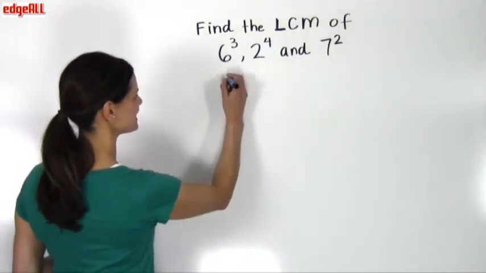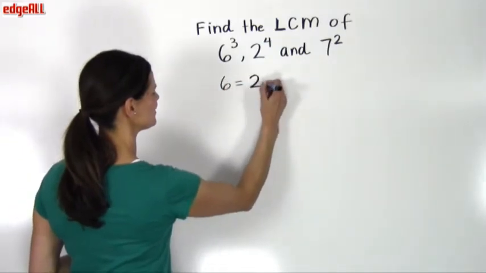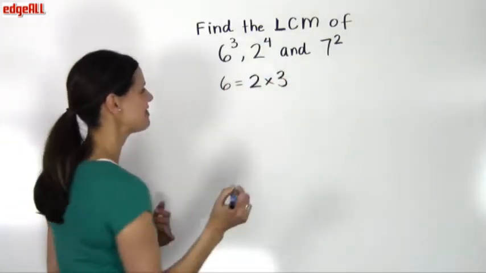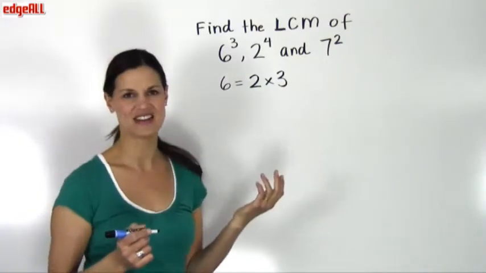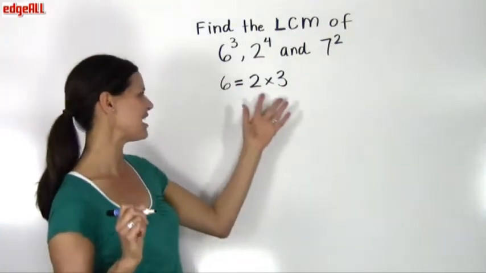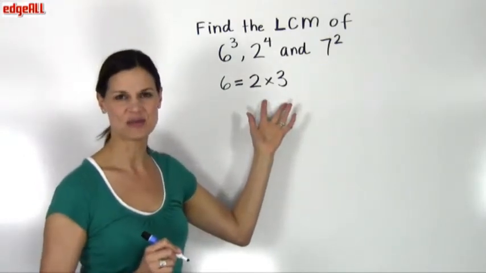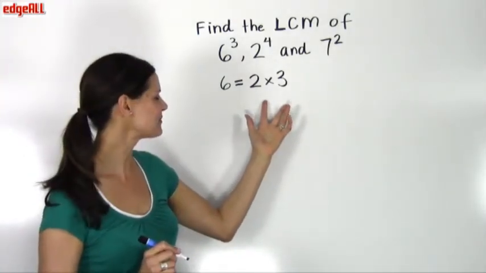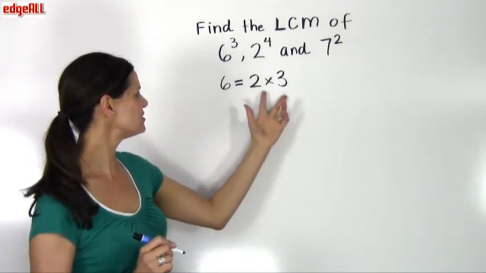So I know that 6 equals 2 times 3, and that's the prime factorization of 6, a very simple one, because I can break it down right away into 2 prime numbers, 2 and 3.